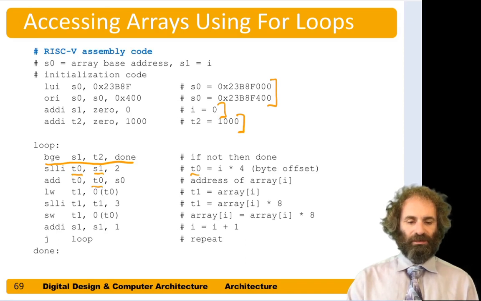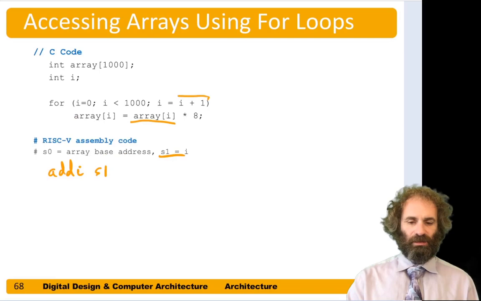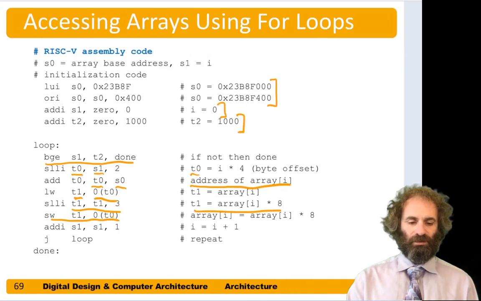Then we'll add that to the base address, S0, to get the address of array bracket I. Now we'll load from 0 relative to that address to load in the value of array I. We will shift left by 3 to multiply by 8, and then we'll store the result back into the address we've already calculated that was in T0. Now we're ready to do the post operation, I equals I plus 1. So add S1 gets S1 plus 1, and then jump back to the loop and check if we're done yet.